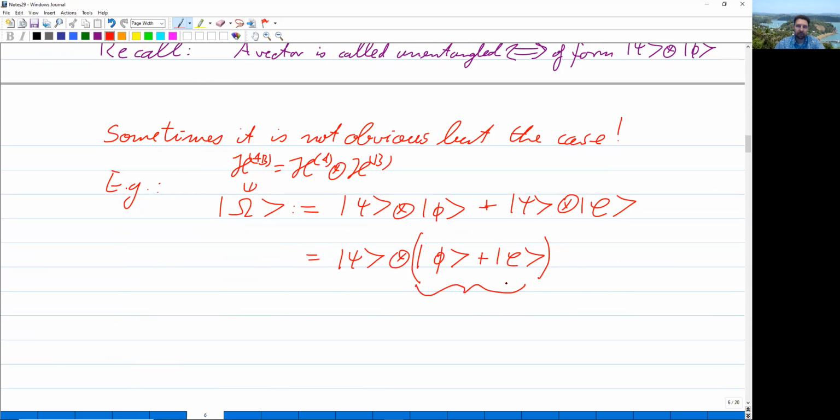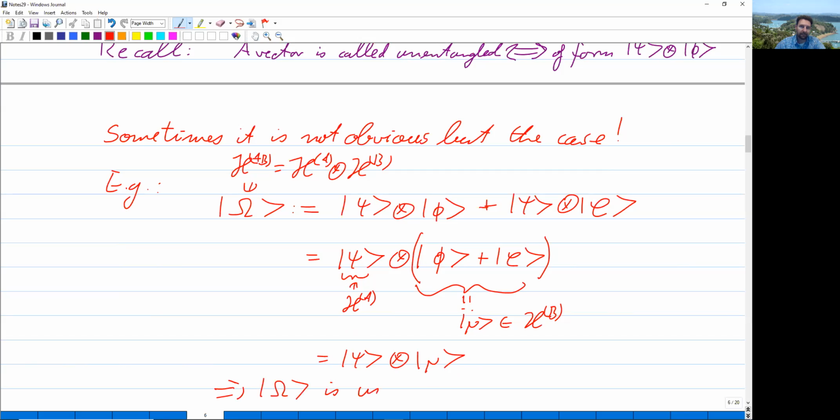Let's say we call this vector here mu. This is a vector in HB, right? And psi is a vector in HA. So therefore, what we have here is psi tensor mu. And therefore, the state omega is unentangled, even though initially it might have looked as if it was entangled.